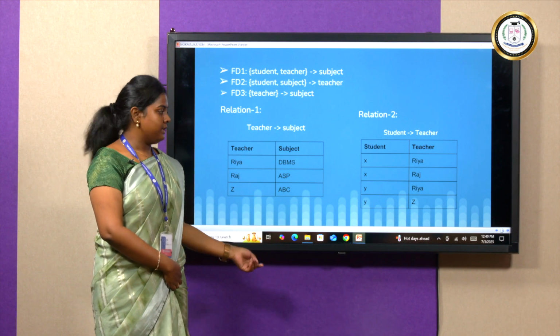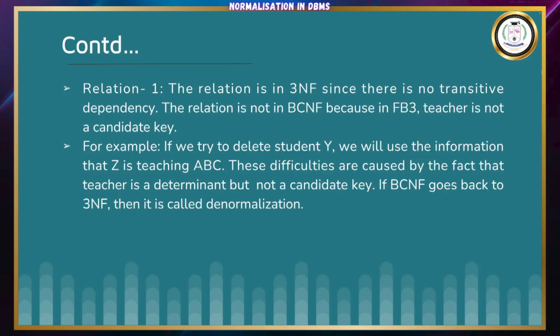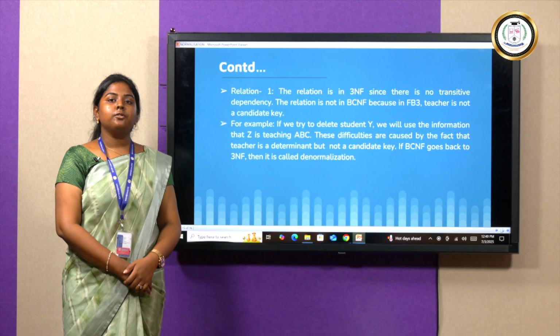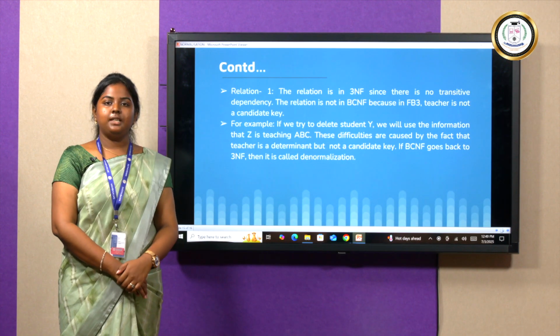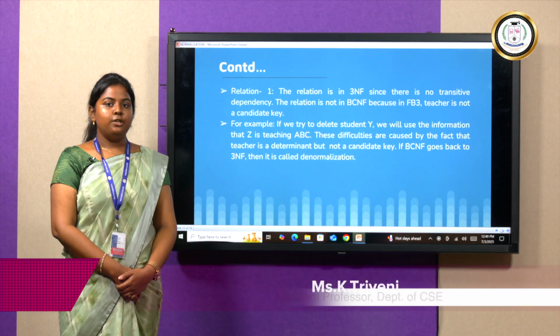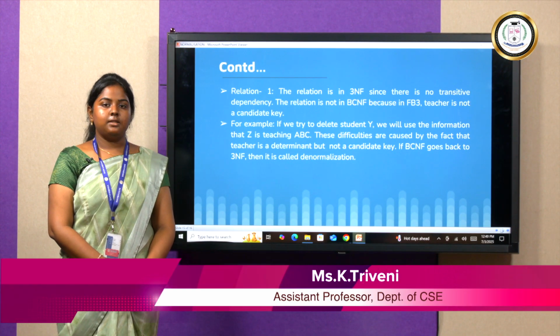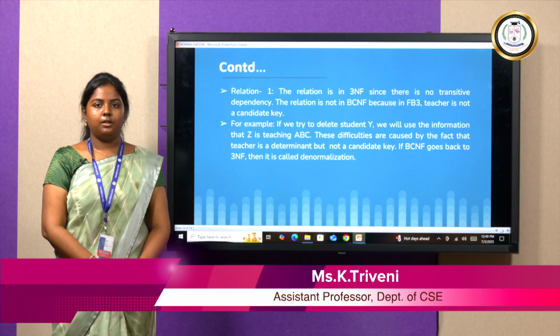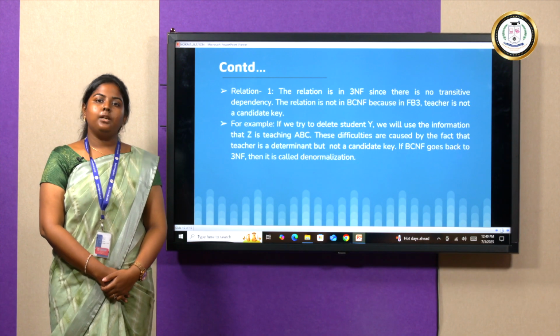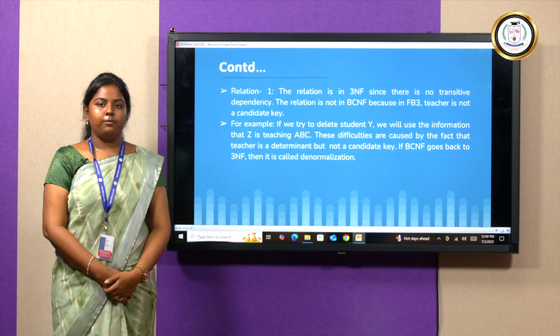To remove this, if we try to delete student Y, we would lose the information that Z is also teaching ABC. So by splitting, we avoid the transitive dependencies and it satisfies the third normal form. Automatically it will then satisfy the Boyce Codd normal form. Thank you.